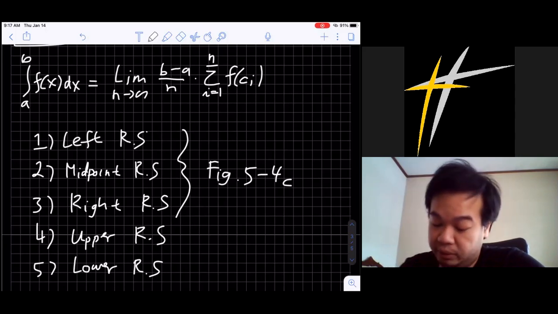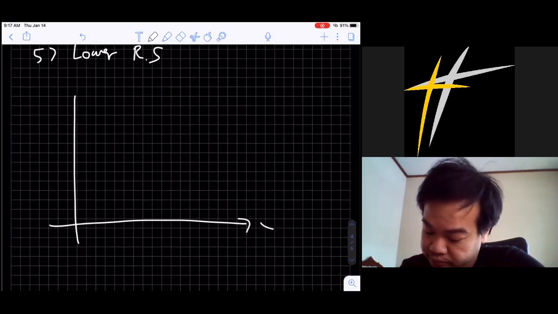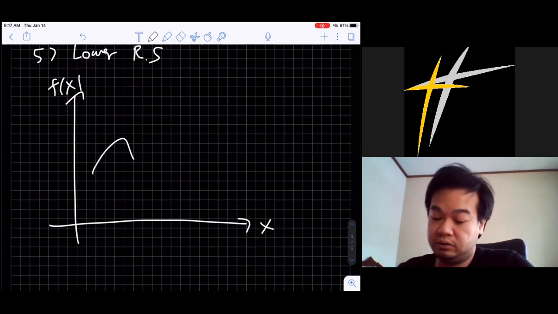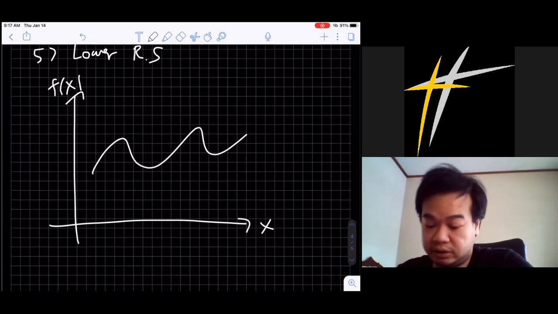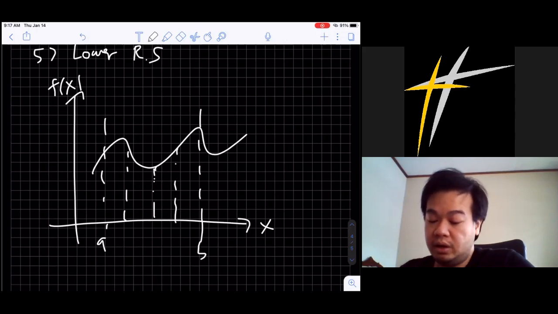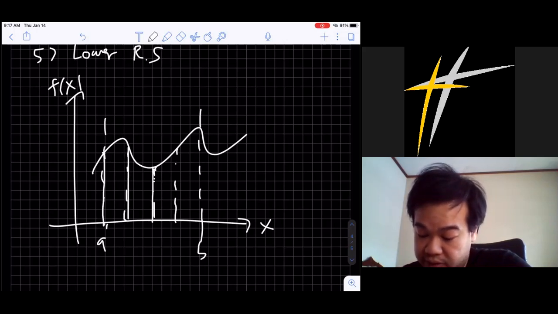Well, maybe I will draw one so you understand more. So from a until b, and let's say I have 4 partitions. It means there are 4 rectangles.